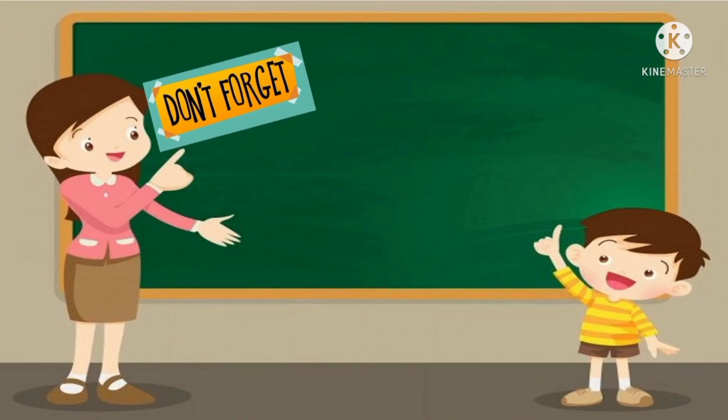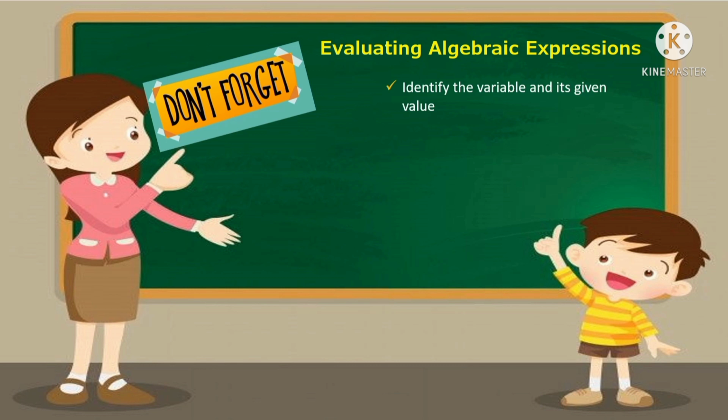Always remember, in evaluating an algebraic expression, number 1 is identify the variable and its given value. Number 2 is replace or substitute the given value of the variables in the expression.